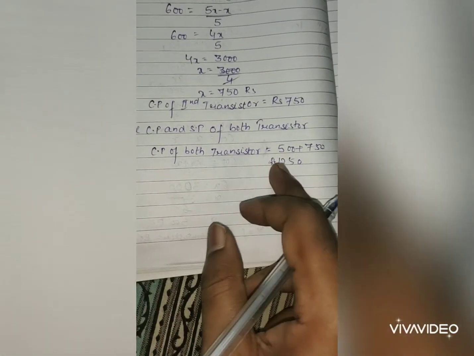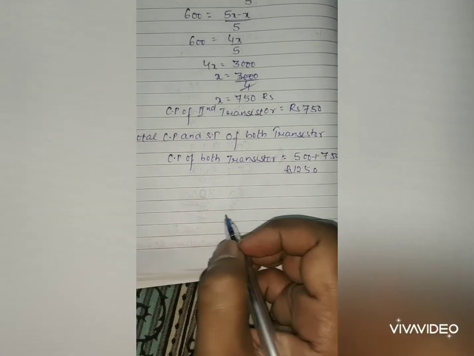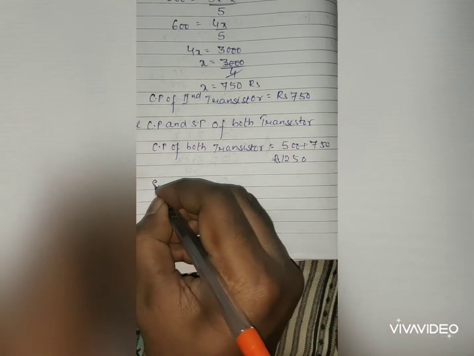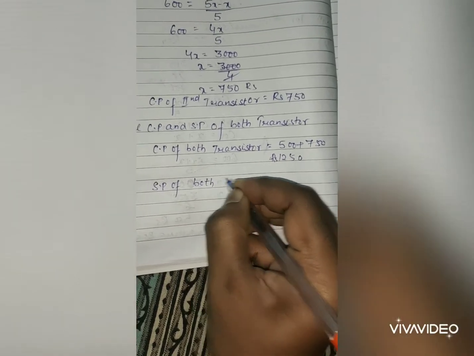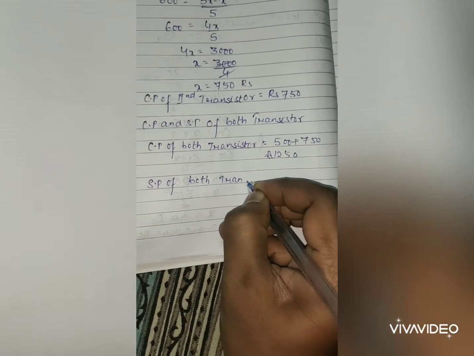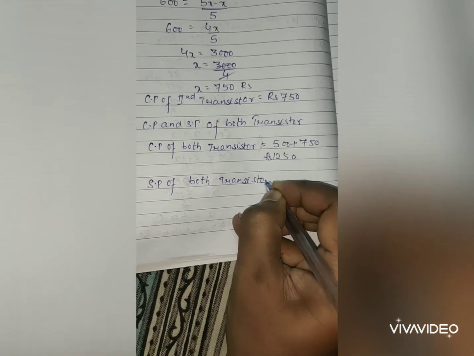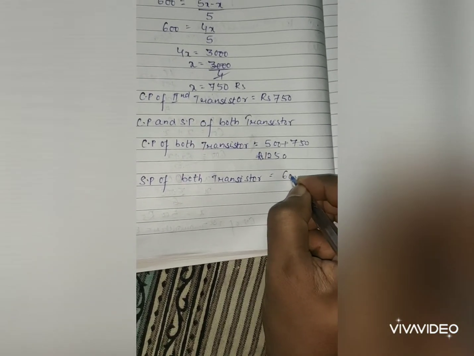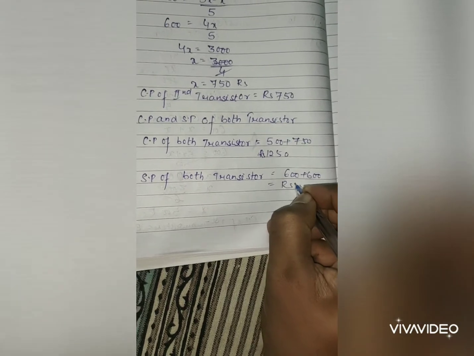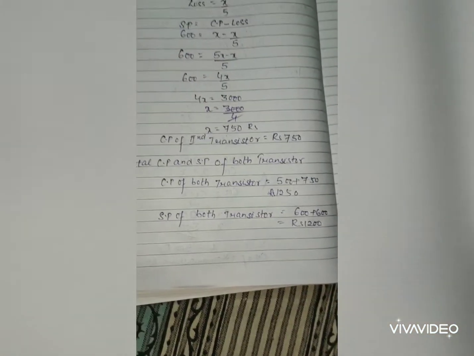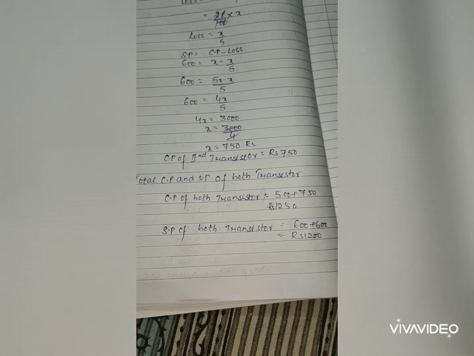That will be the CP of both the transistors. Now SP of both transistors. SP of both transistors is 600 plus 600, that means rupees 1200. Clear?